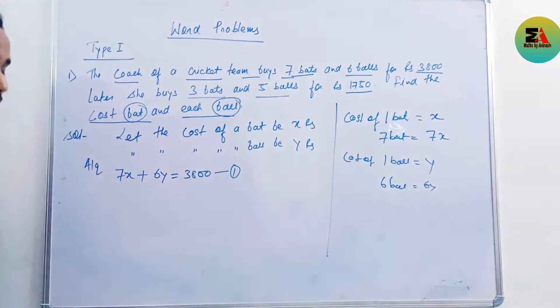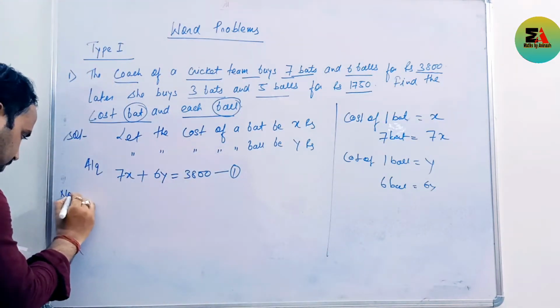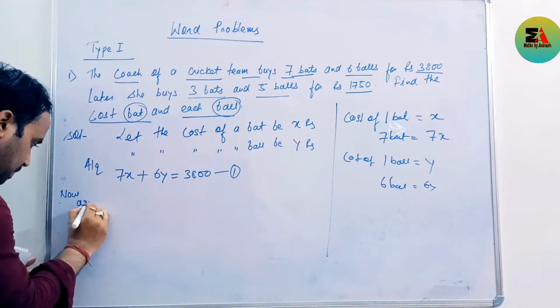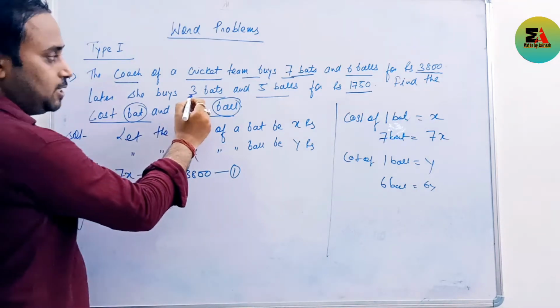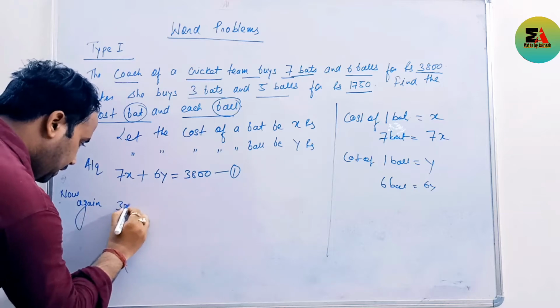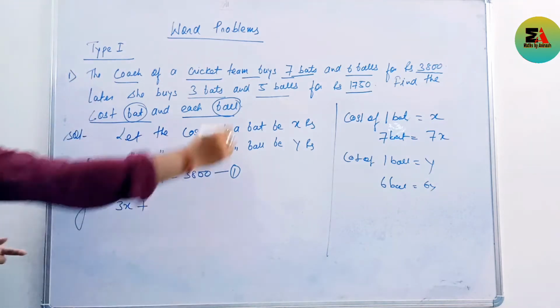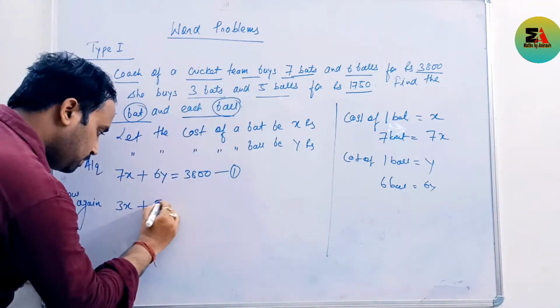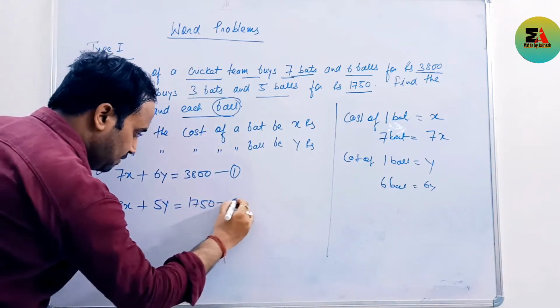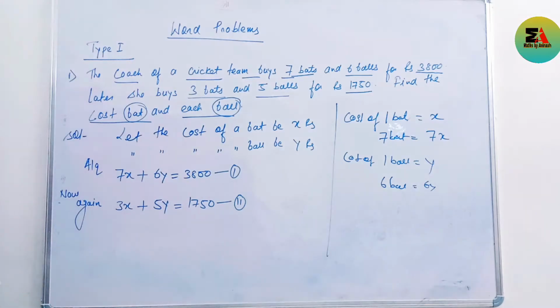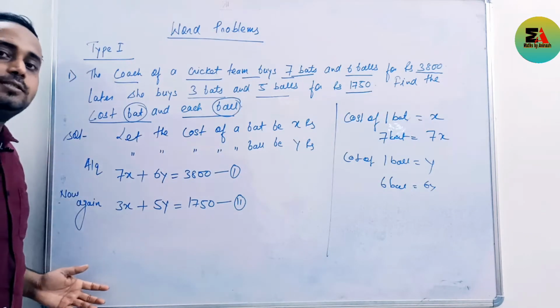This is equation first. Now again, she purchased 3 bats, so 3X, and 5 balls, 5Y, is equal to their cost, 1750.